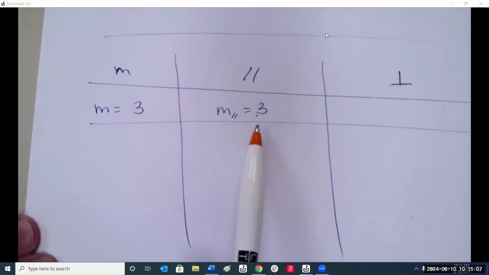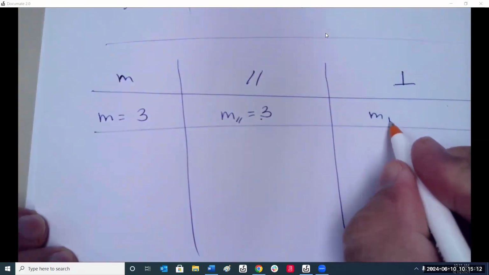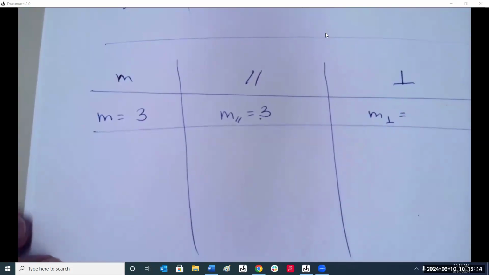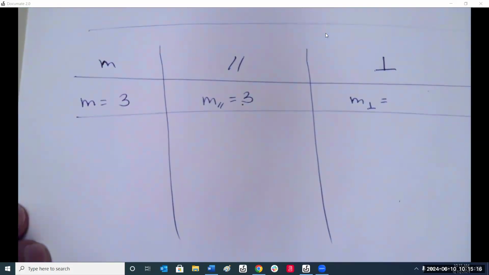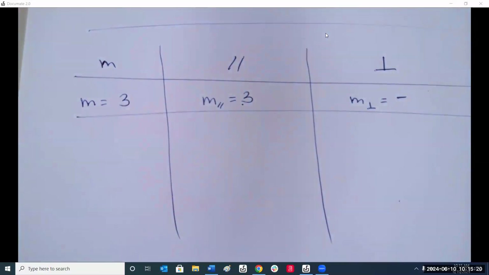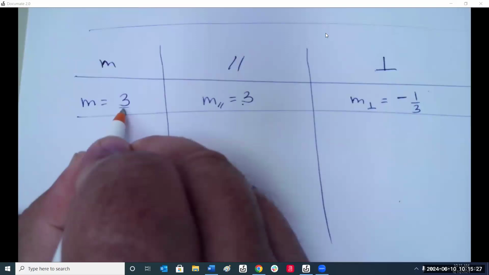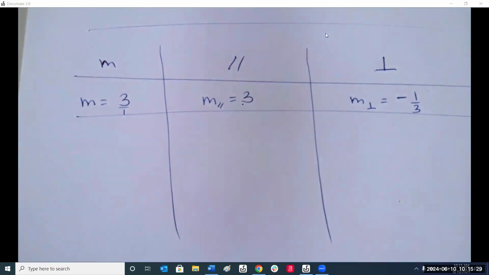So if that's 3, this one has to be 3. What's the perpendicular? It's going to be negative because that one's positive. 1/3, because this is 3/1. It's got to be a flip of it.